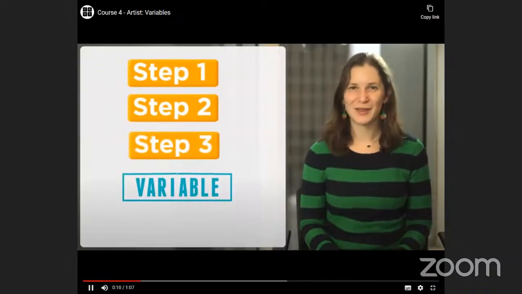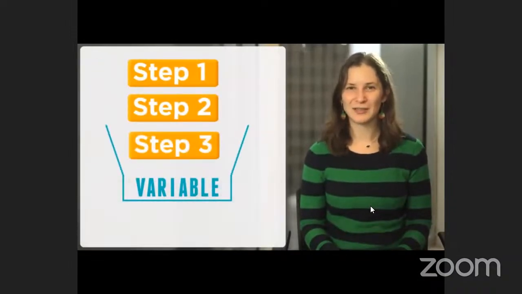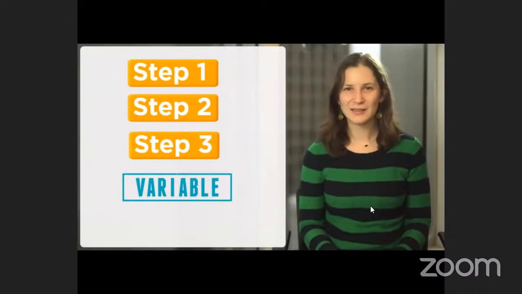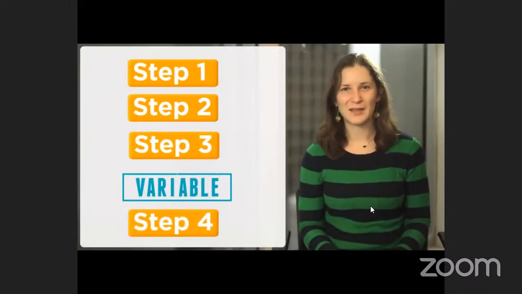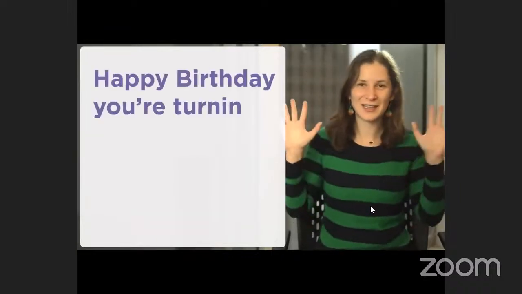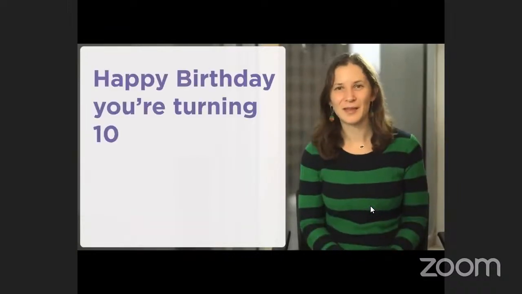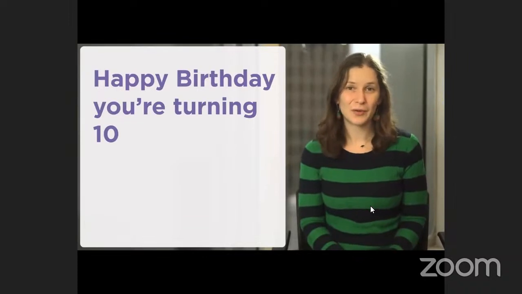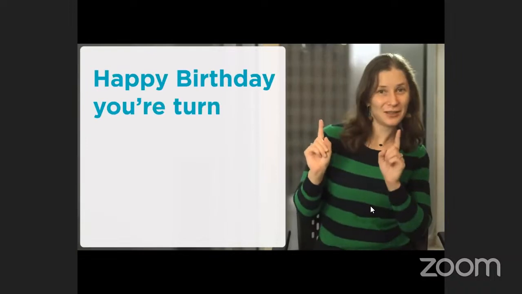Variable in an algorithm, it opens up the container and looks at the value inside. This lets you write smarter algorithms that behave differently depending on the value stored in the variable. For example, if you wanted to write an algorithm to say, "Happy birthday, you're turning 10," to my little brother, that's great now, but when I run it next year, I'd want it to say, happy birthday, you're turning 11.